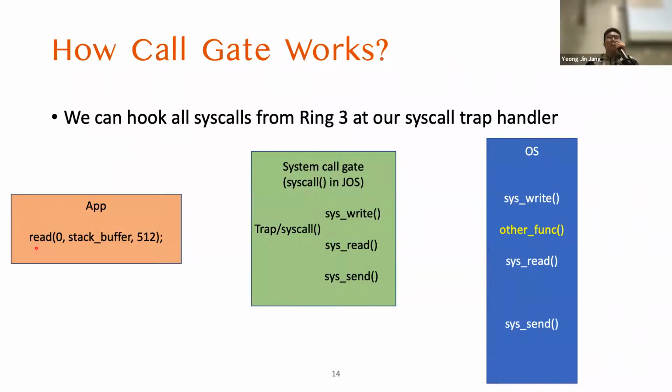Suppose the application invokes the read function with the buffer here, and then it will get to the system call gate via trap, and then the operating system can check the argument. The second argument in xv6 will be stored in the EDX register, and the OS tries to check that the virtual address is marked with PTE_U as 1.